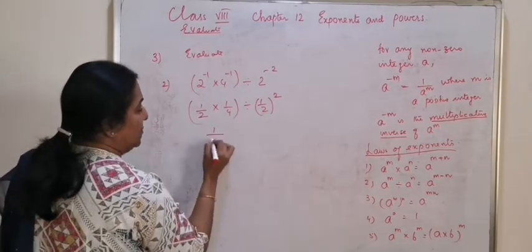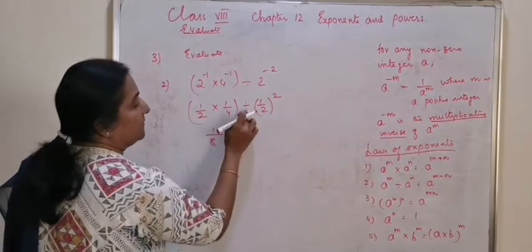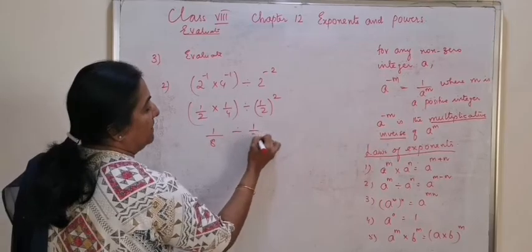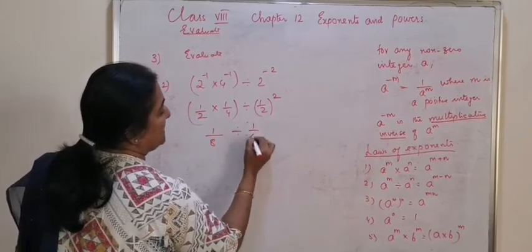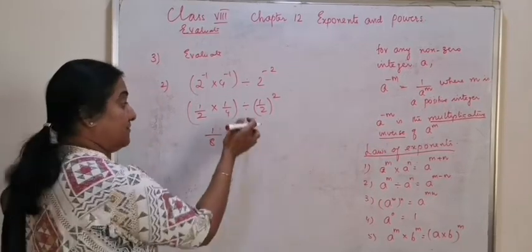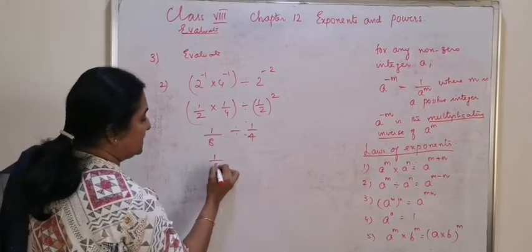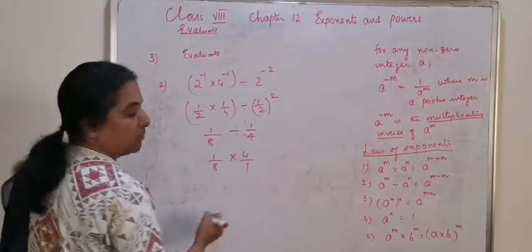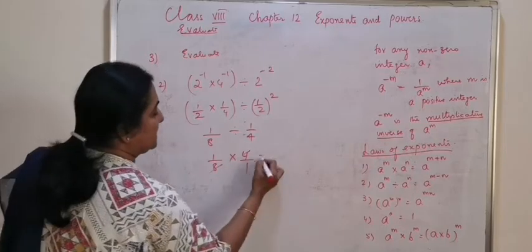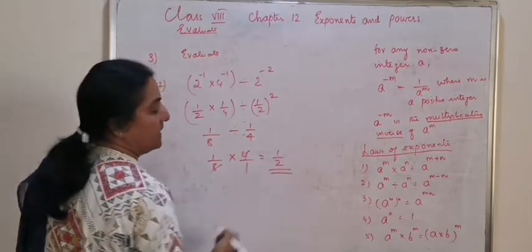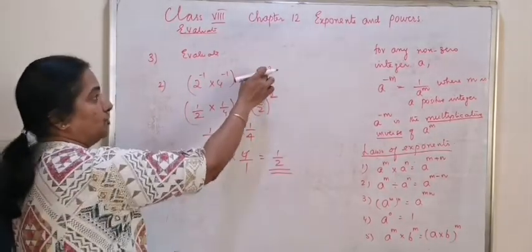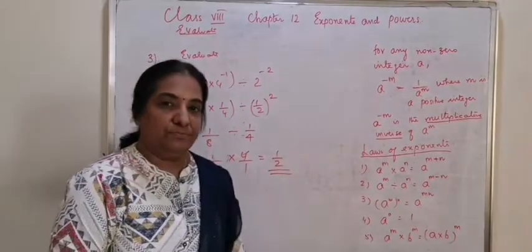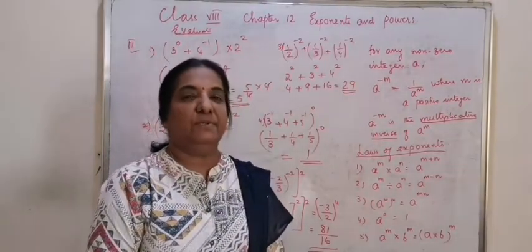When you multiply, 1 by 8 divided by 1 by 2 to the power of 2 means it is 1 by 4. Division by 1 by 4 is multiplied by the reciprocal, or 4 and 8 get cancelled. The answer is 1 by 2. In the textbook it is 2 to the power of minus 2. Answer. The remaining problems we will do in the next class.